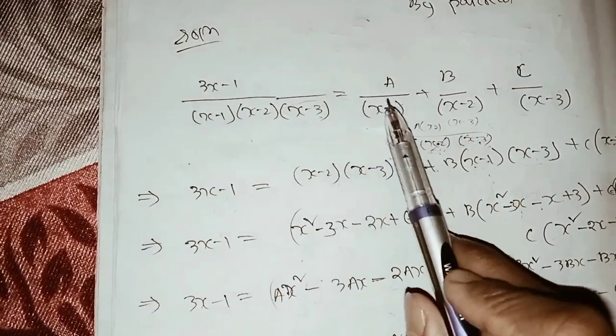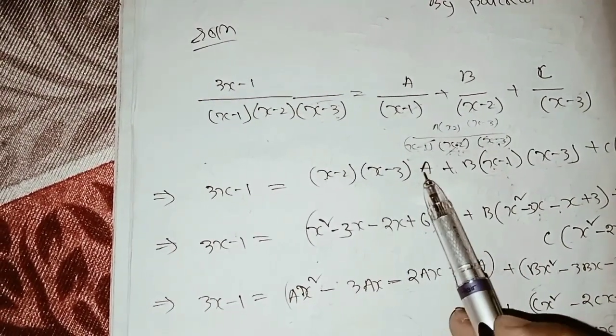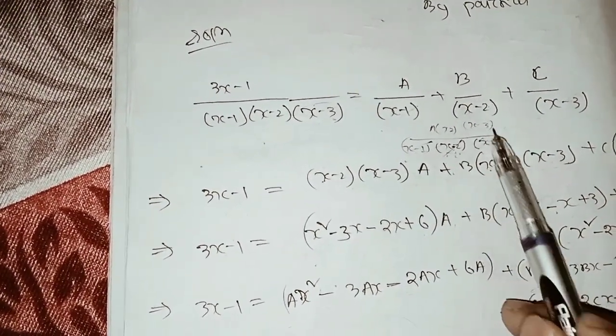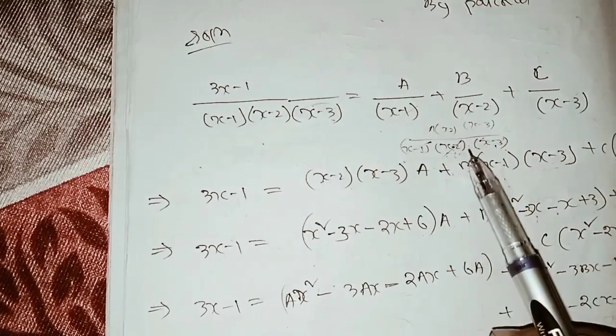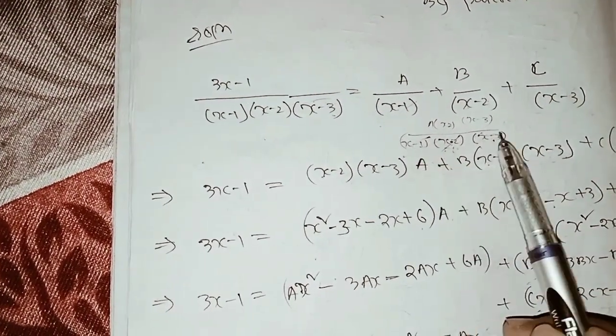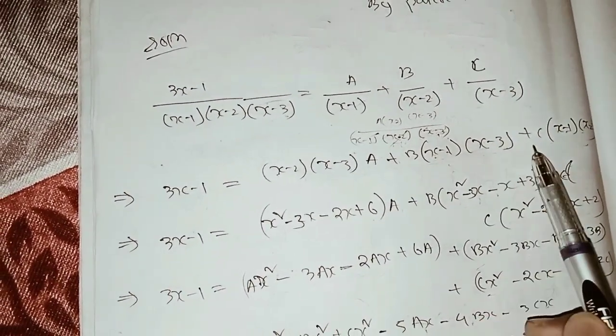x minus 1 and x minus 1 will cancel out, and remaining multiplies with a. Similarly with b, x minus 2 and x minus 2 will cancel out, and remaining x minus 1 and x minus 3, we simply multiply. Don't be confused.